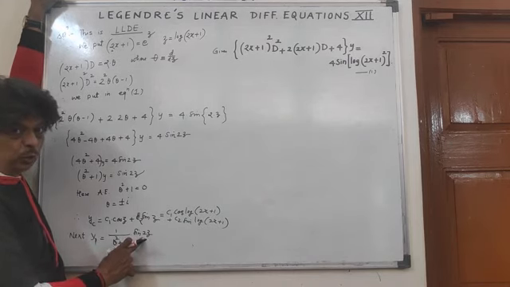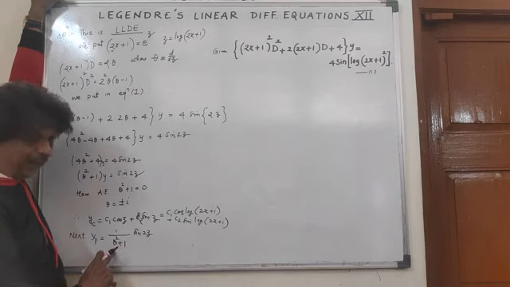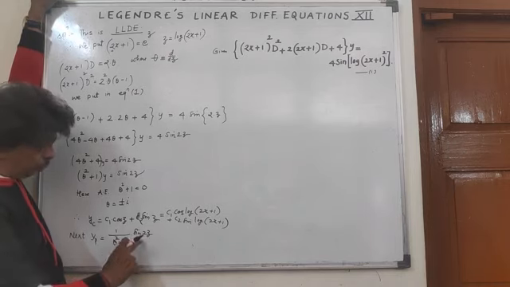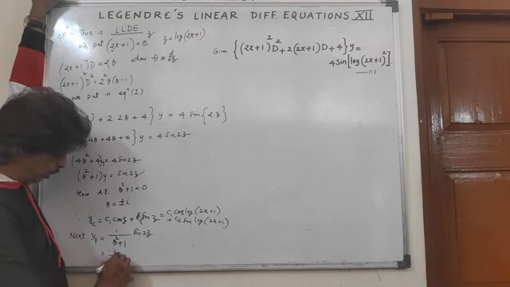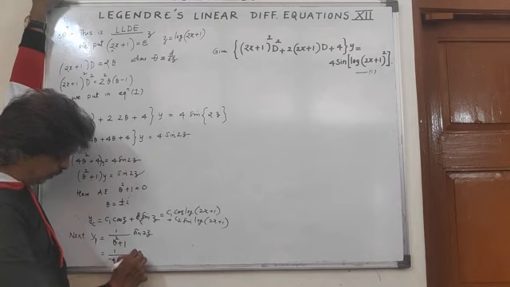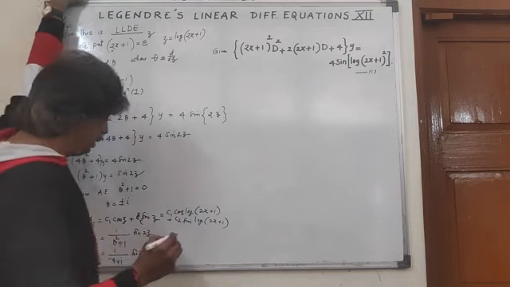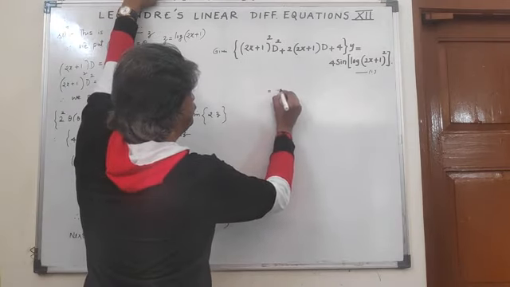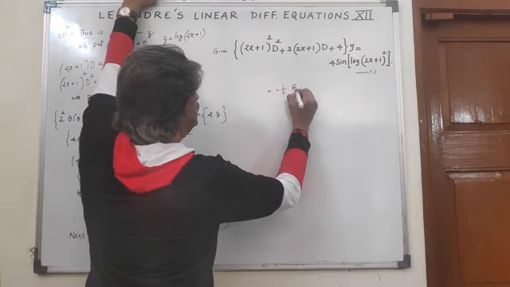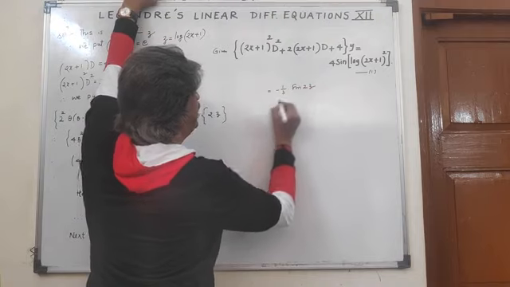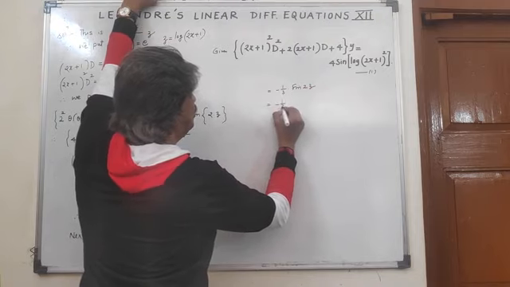This coefficient is 2, 2 square is 4. So I would now be replacing theta square by minus 4. So that is equal to 1 upon minus 4 plus 1 into sine of 2z, which is further equal to minus 1 by 3 sine of 2z.